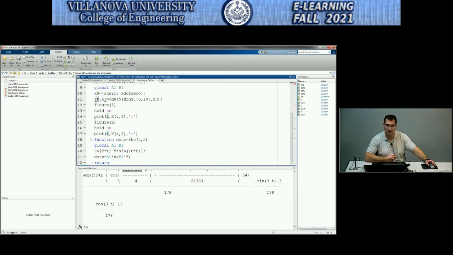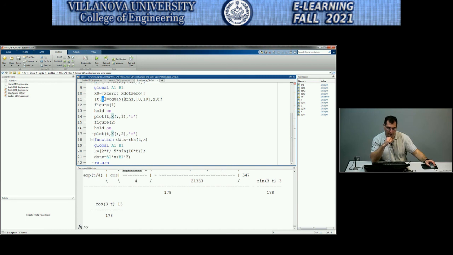T is going to represent the time, and capital X is going to be a matrix. The number of rows of this matrix is going to be large, and it is going to have two columns. One column stands for the values of x1, and the second column stands for the values of x2.